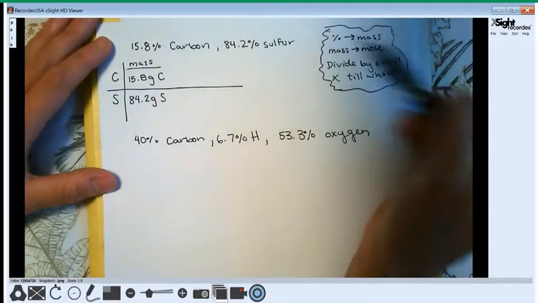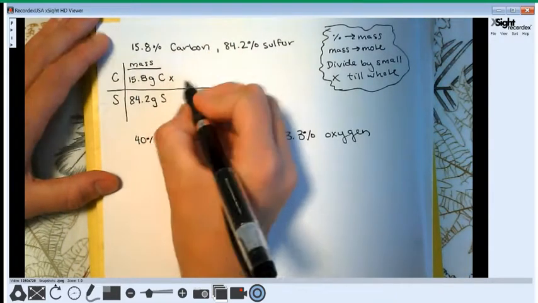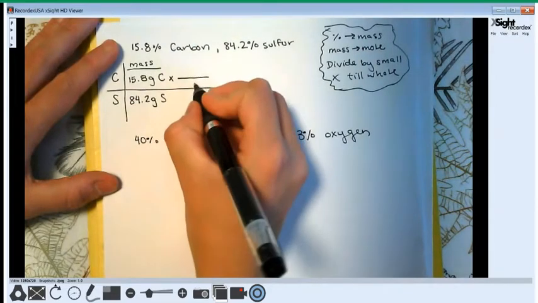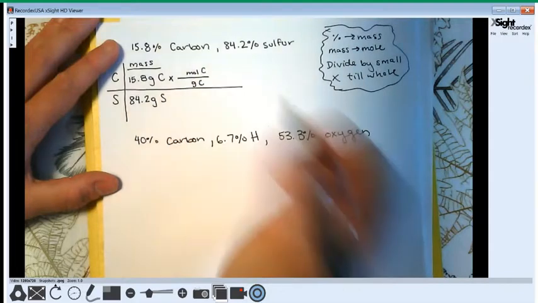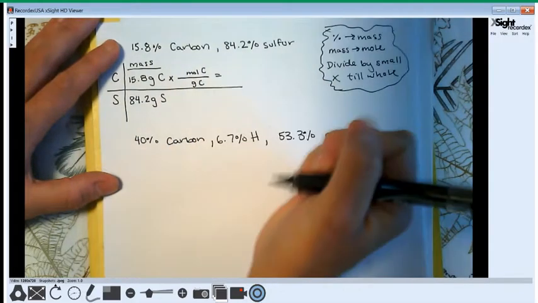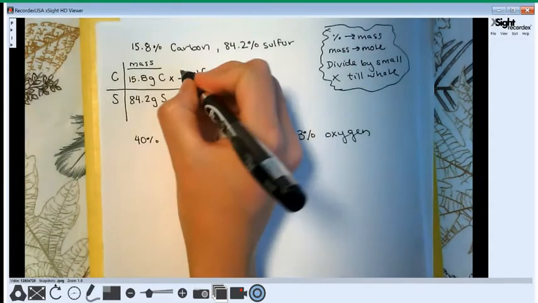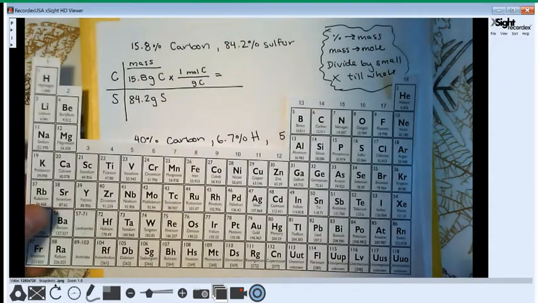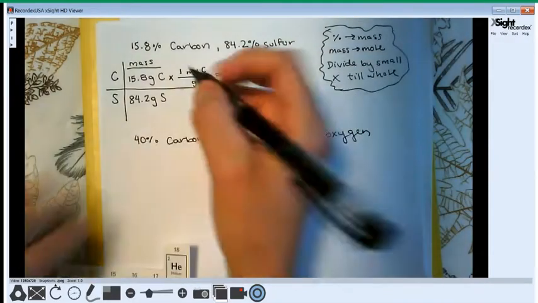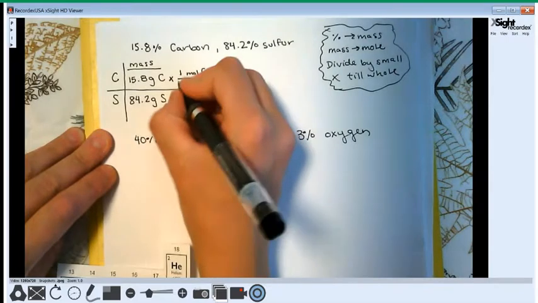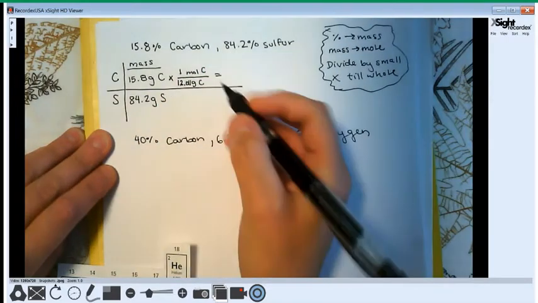Now I'm going to go mass to mole. To convert mass to moles, we just use dimensional analysis, a mole conversion. Grams of carbon goes on bottom, moles of carbon goes on top. To figure out how many grams are in 1 mole, we look at our periodic table. Carbon is 12.011, which you can usually round to 12, but I'll keep it to be safe: 12.011 grams of carbon.